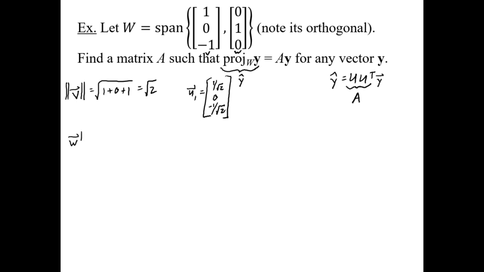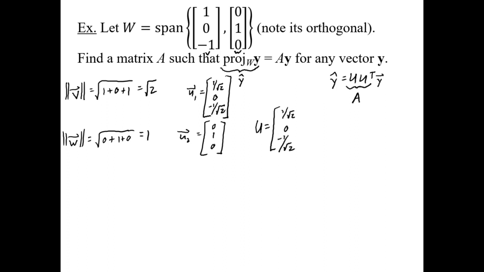If I find the magnitude of W, it's going to be the square root of 0 plus 1 plus 0, which is just 1. So my second orthonormal vector is just W itself, divided by 1. Okay, so from those, the columns of U are my two orthonormal vectors. So 1 over root 2, 0, negative 1 over root 2, and 0, 1, 0. So there's U.